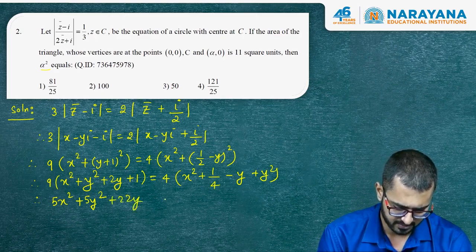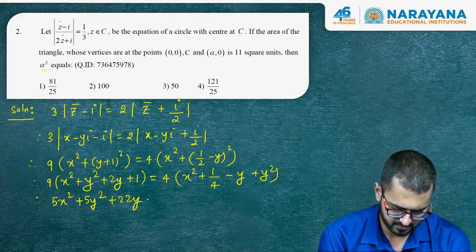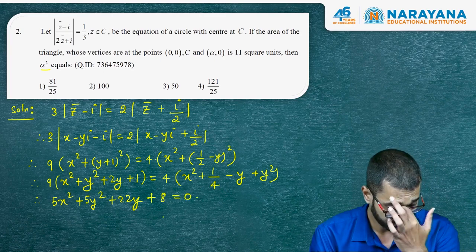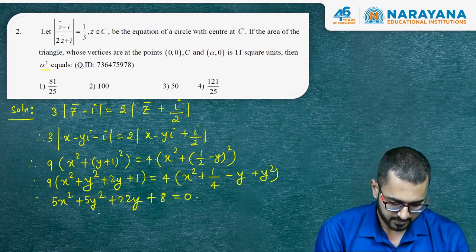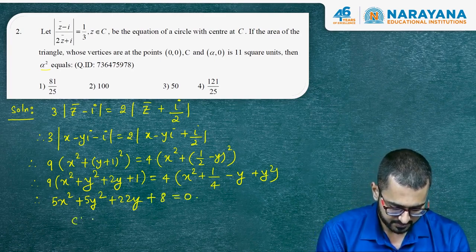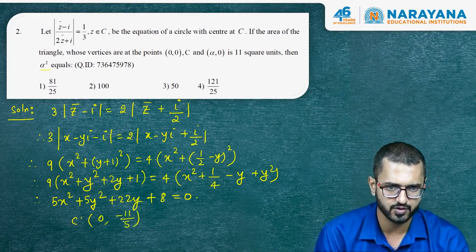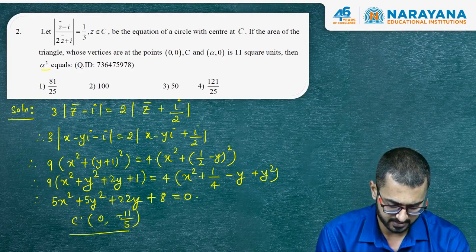All right, and then the constants will turn out to be 9 minus 1, so plus 8 is equal to 0. And we can see the center now. So the center here becomes 0 comma minus 11 by 5. So 0 comma minus 11 by 5 is our center here.